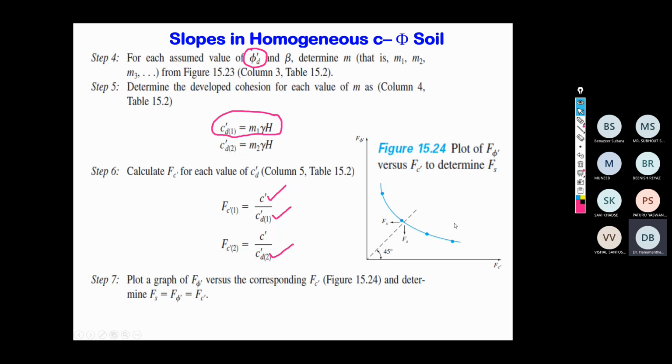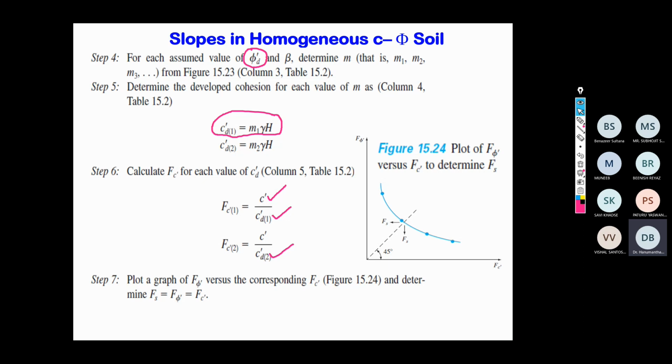Now how to determine the exact value of the factor of safety as a function of the strength? For that purpose, from the horizon you need to draw an inclined line with an inclination of 45 degrees. Wherever this inclined line intersects the graph, that gives you the factor of safety value.